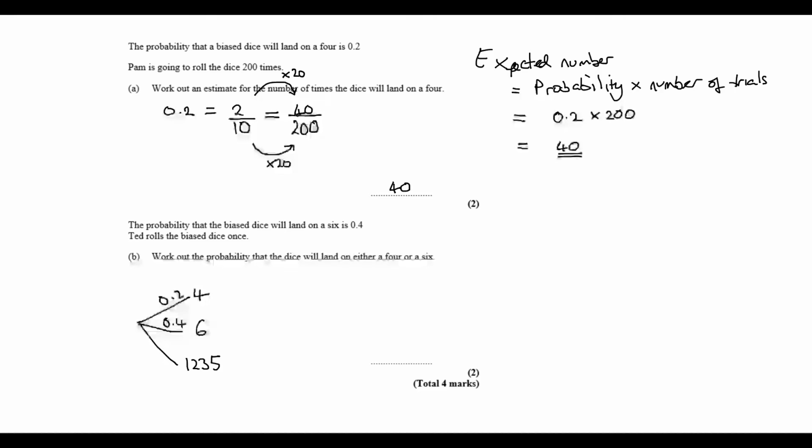So 6 out of every 10, or 0.2 plus 0.4 equals 0.6. Now, when you hear the word or in a probability question, that generally means that you've got two possibilities, either of which could happen. And so there you add probabilities together.